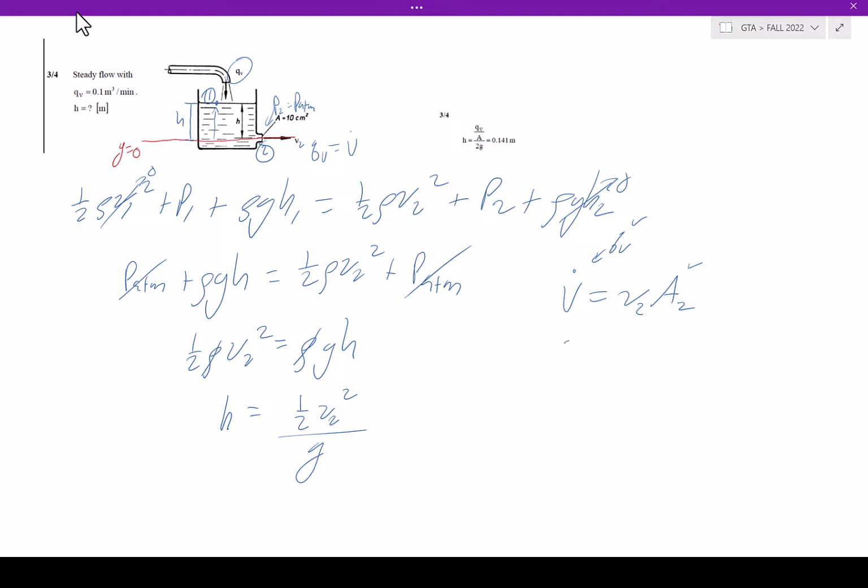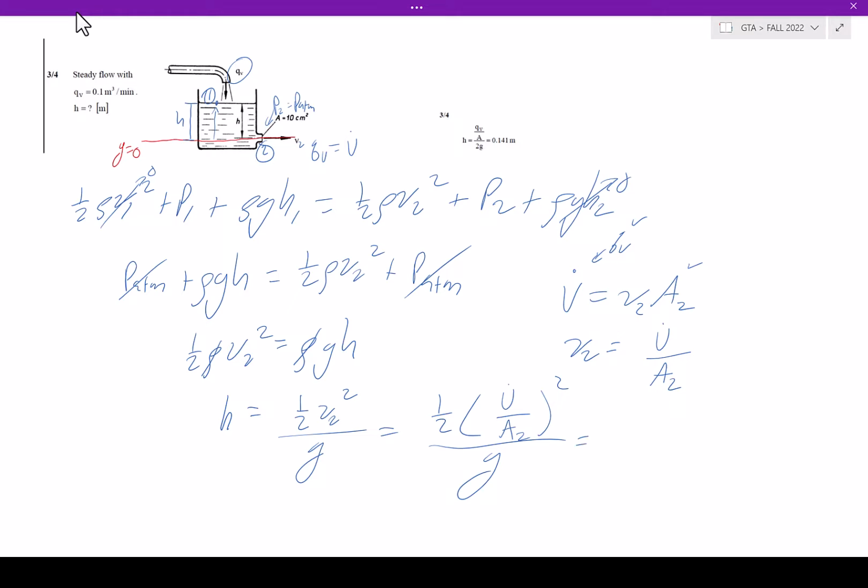So V2 is equal to our volumetric flow rate over our area, and then plug that in. Once we plug that in, it's equal to this term squared over g.